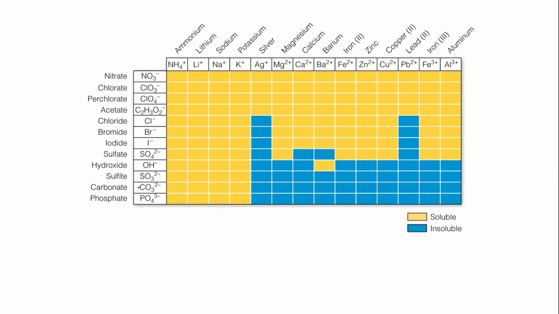Alright, this table summarizes what we learned so far in a different format. You can see the ammonium ion, and this table shows only a few of the group 1 metals, so you can add all of your group 1 metals. They are all soluble.